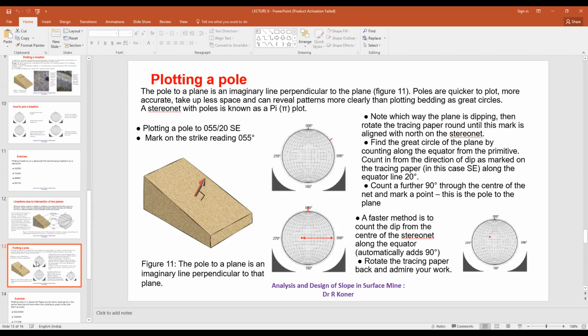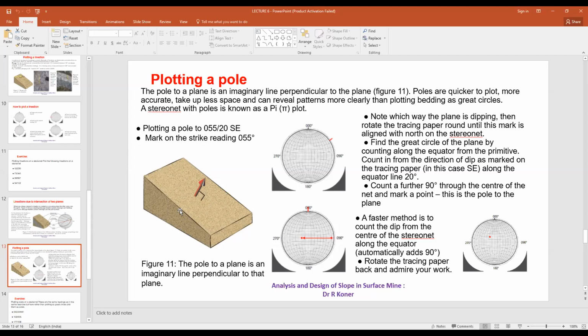So a pole is a perpendicular to the plane. Suppose this is a plane, the shaded one. If you draw a perpendicular to the plane, a perpendicular line, not plane, that line in a stereo net will be a point.